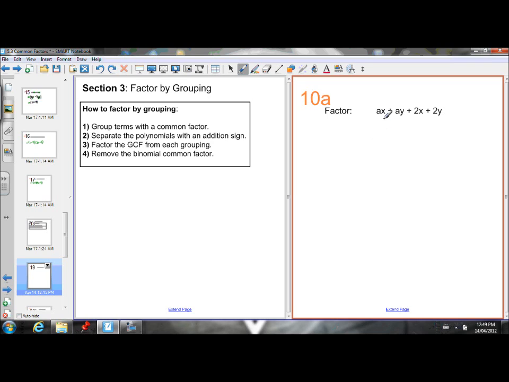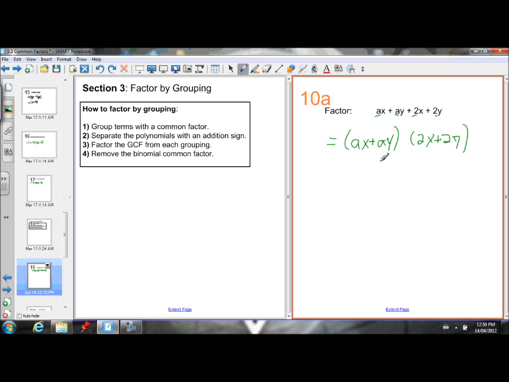But if we group terms together that have a common factor, these first 2 terms both have an a, and these second 2 terms both have a 2. If I put those into 2 groups, I'll be able to do some work. So let's first do that. Group terms with a common factor: I'm going to put ax plus ay together, and I'm going to put 2x plus 2y together.